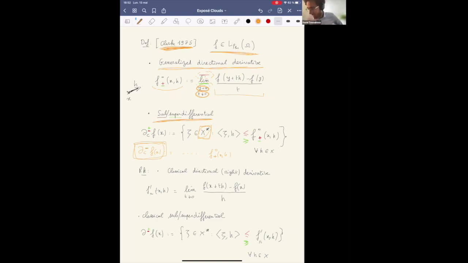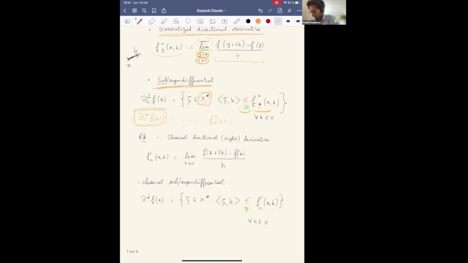And in a similar way, we can define the superdifferential with reversed inequality: the linear forms which, evaluated in each direction, are always above the lower generalized directional derivative.